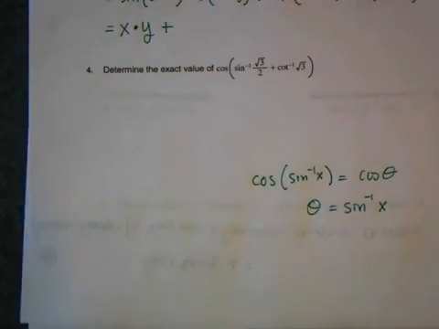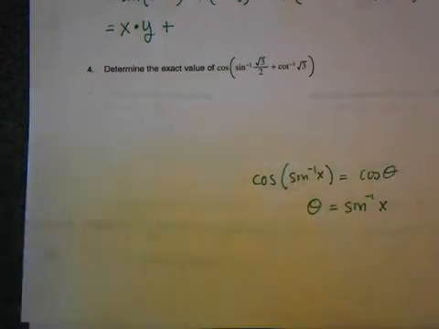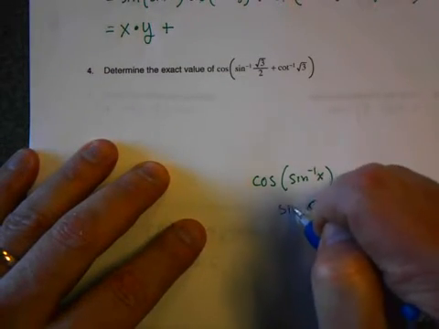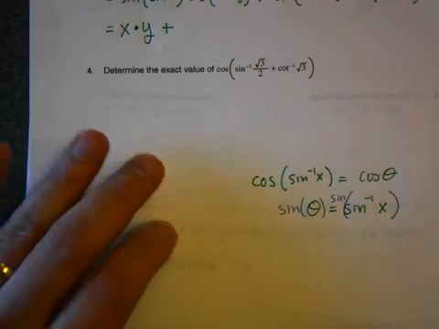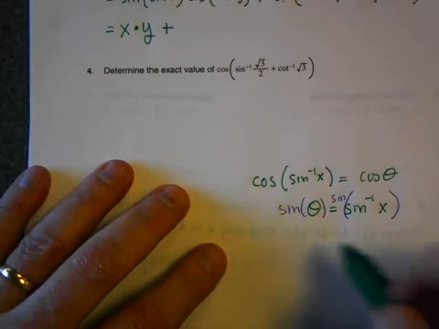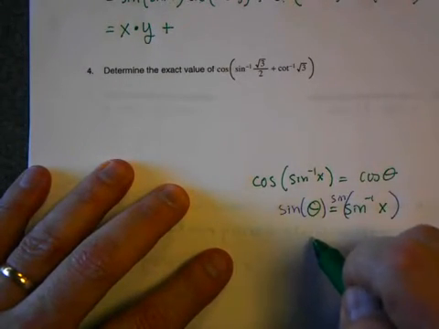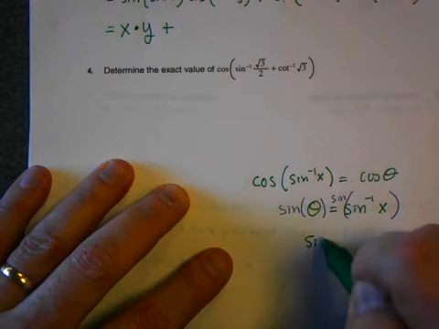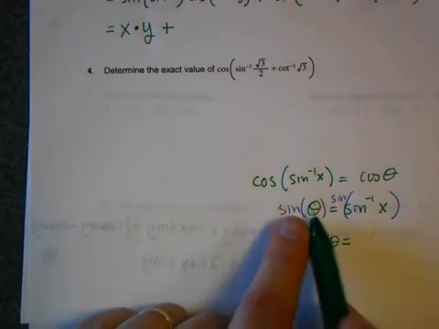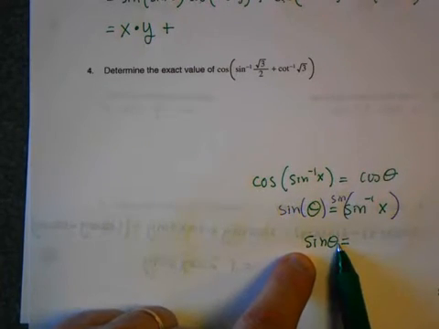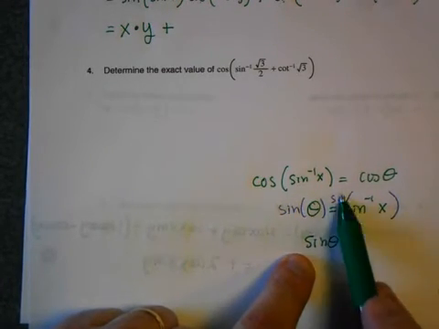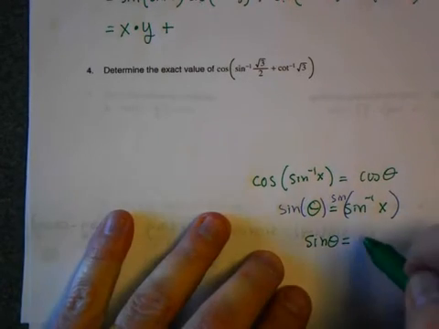I'm going to take this little equation right here, and I'm going to do sine on both sides. What happens when I do sine on both sides? If I do sine on the left, I get sine theta. What happens if I do sine on the right? They cancel.